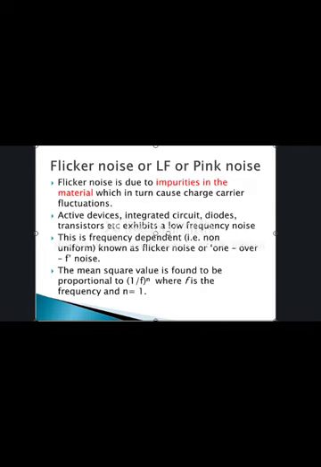The relationship is 1 over frequency. That means flicker noise is equal to 1 by f. The mean square value is found to be proportional to 1 by f raised to n, where f is the frequency and n is equal to 1.